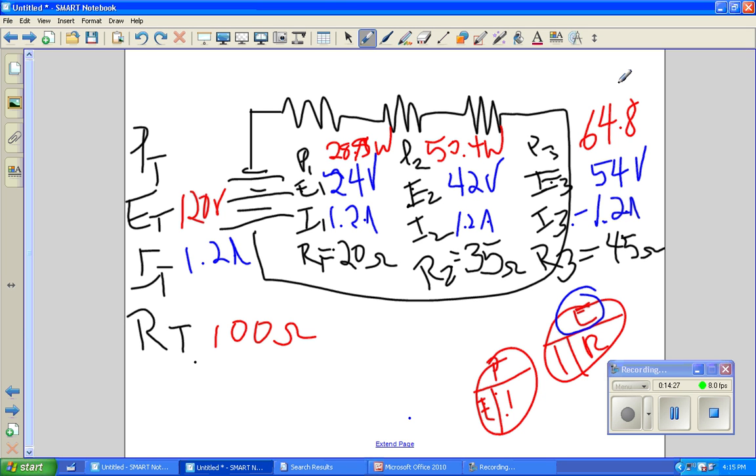And it says we should have 144 watts. Now, let's do it with the other numbers, and we're going to multiply 1.2 times 120. And what a shock. Pure functional magic, I tell you, it's 144 watts. So it works. All right, now we're going to stop.